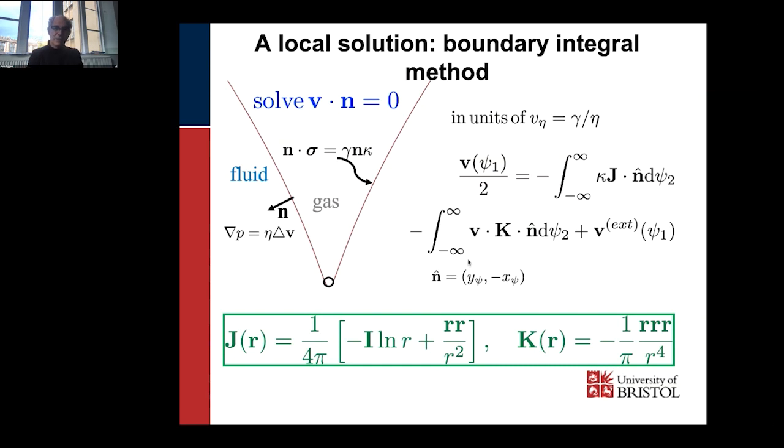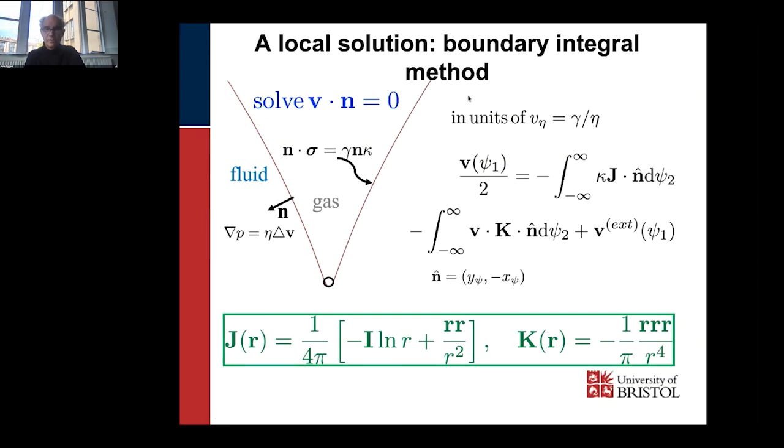And this notation here, n hat, is simply the normal vector, but not normalized, but simply given by this expression, which has the advantage that in this boundary integral description I can use any parameter to parameterize the free surface.